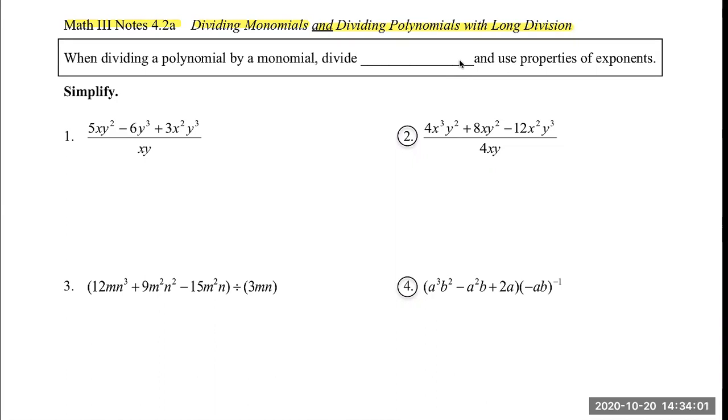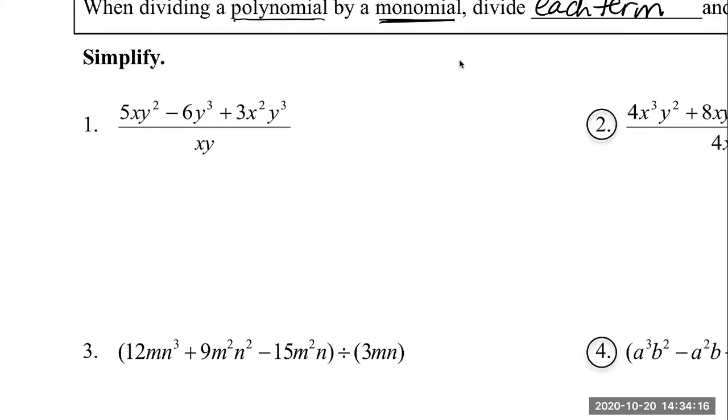So when dividing a polynomial by a monomial, one term, divide each term and use properties of exponents to simplify. So for instance, on question number 1, this xy is a monomial, and a sum or difference of a bunch of monomials is called a polynomial.